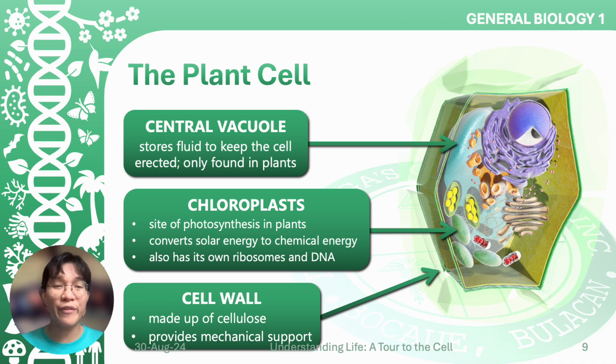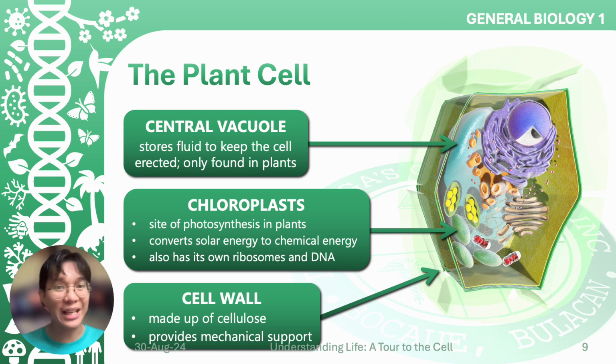Just imagine if humans and animals were made up of cell walls. What could happen? Can we move? Of course not. So, the rigid structure of your plants is due to the presence of the cell wall. This makes them sessile, meaning they cannot move.